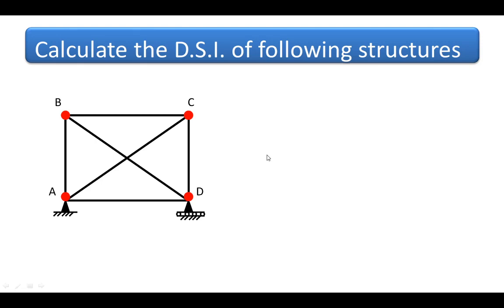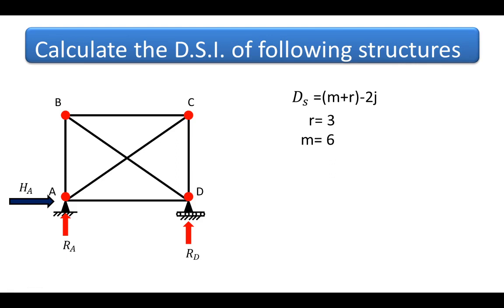So now we will calculate the DS of the following structures. Now this is the pin jointed frame ABCD here. The A support is a hinge support, D support is the roller support. Now the formula for DS is equal to M plus R minus 2J. These are the reactions. At A joint there are two reactions, HA and RA. At the D joint, there is only the vertical reaction. So R is equal to 3: HA, RA and RD.